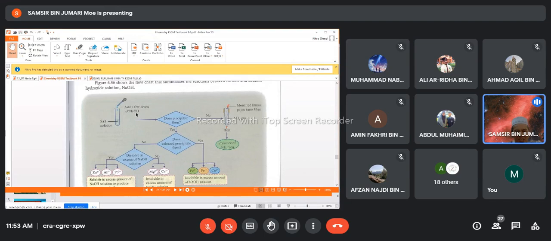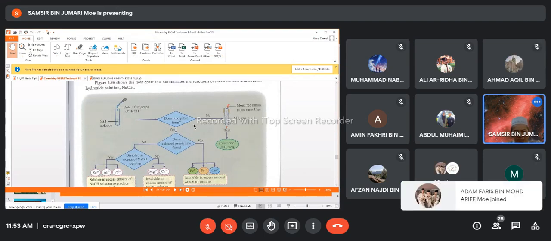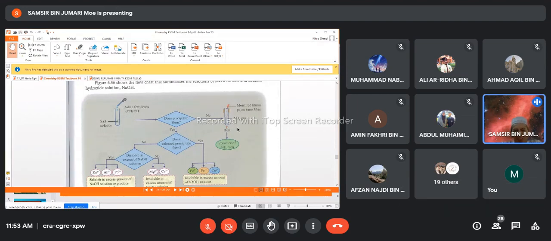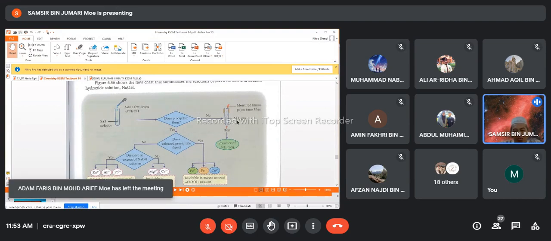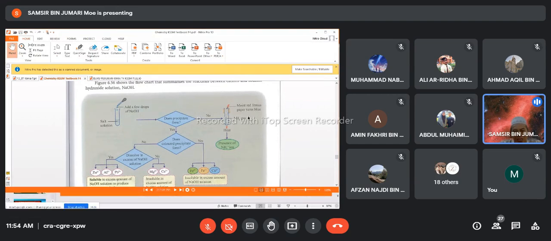Kalau kita campurkan sodium hydroxide solution dalam satu larutan, kalau tak ada apa-apa, kita panaskan. Kita panaskan, maka kalau terbentuk suatu gas, gas itu kita uji dengan moist red litmus paper.